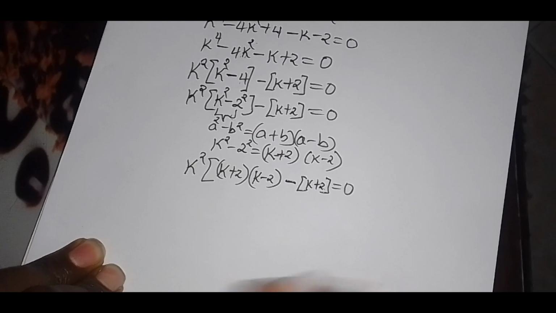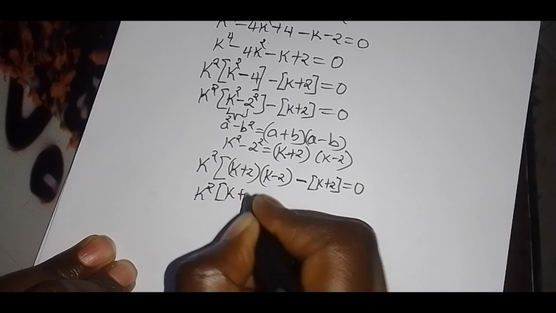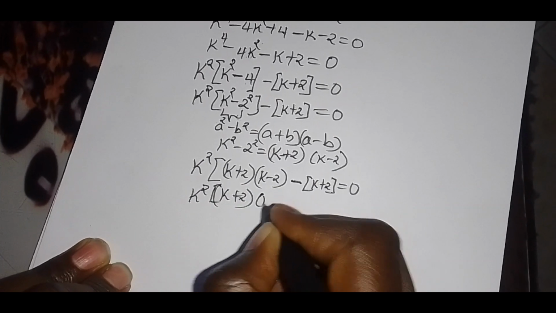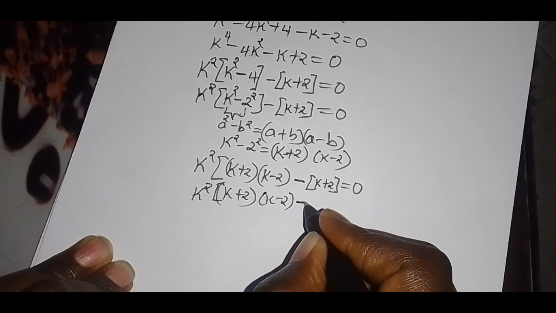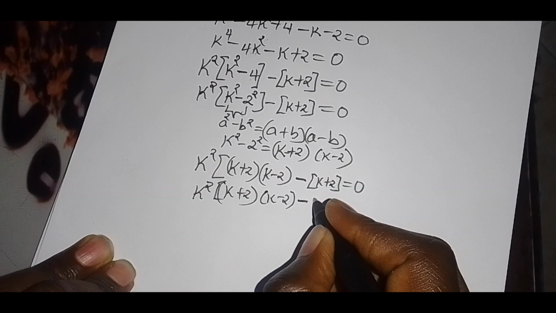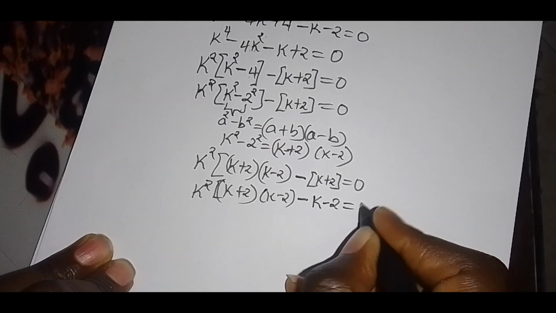Now as you can see, we have again k squared into the bracket (k plus 2)(k minus 2) minus (k plus 2) equal to 0.